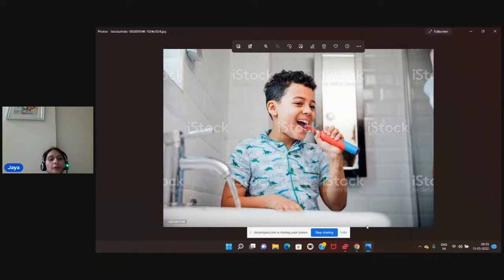So the electric toothbrush in the market increases the awareness about oral hygiene among customers. Nowadays everybody is looking for oral hygiene. They are very considerate about which toothbrush we should use that is good for our gums, which is good for our teeth.